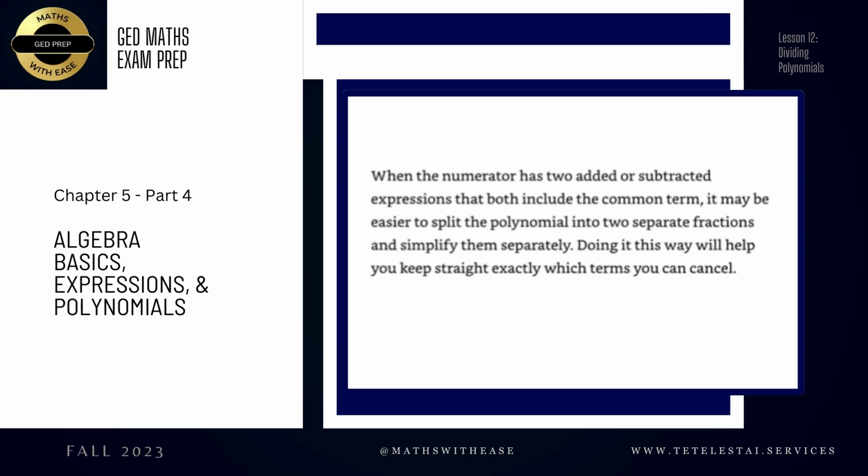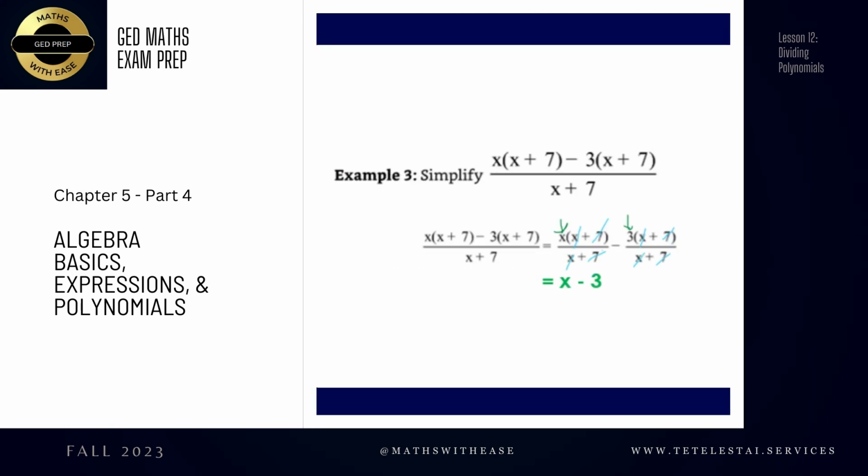So here, we're being told to simplify x times x plus 7 minus 3 times x plus 7, that's our numerator, and that's being divided by x plus 7. So immediately, we can see in this entire expression that there is a term that repeats itself, right?